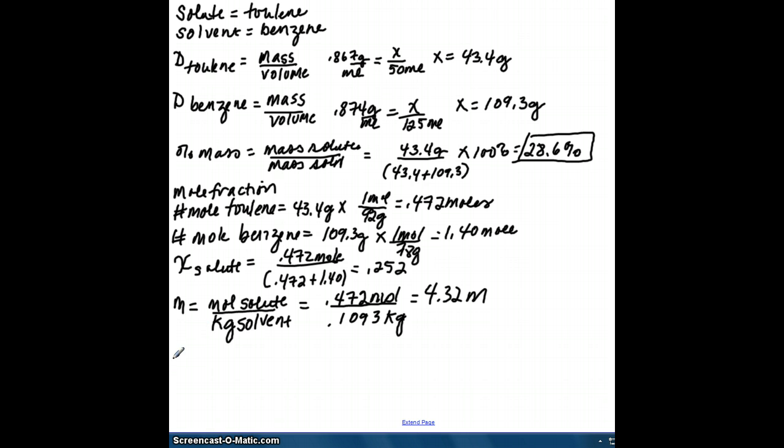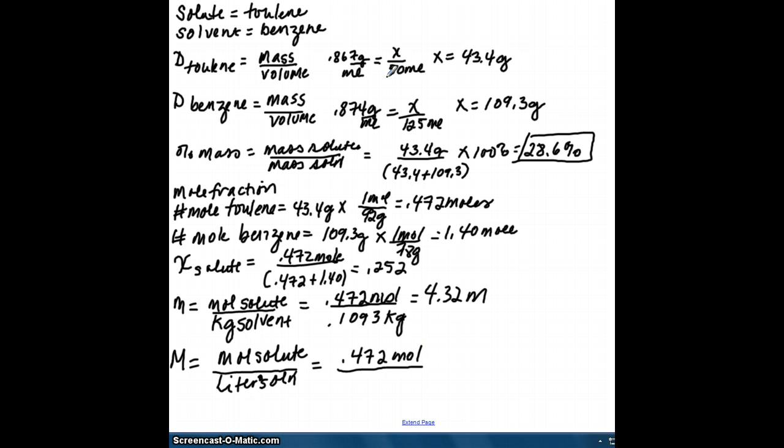Finally, we can figure out the molarity of the solution, which is equal to the moles of solute over the liters of solution. The moles of solute, 0.472 moles. The volumes of the solution were given earlier in the problem.